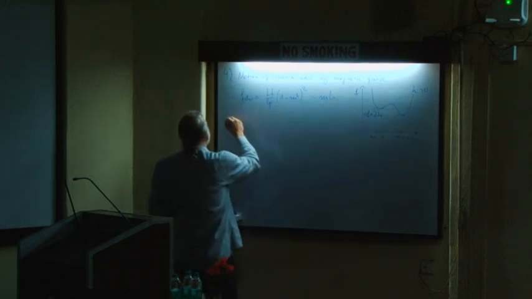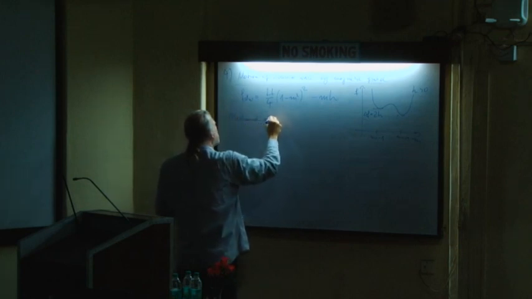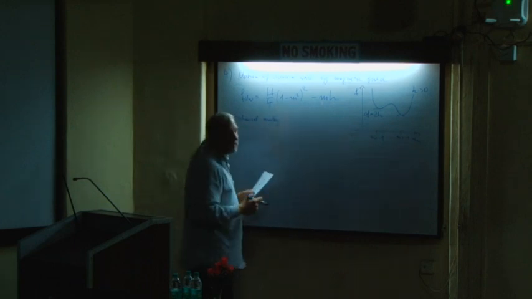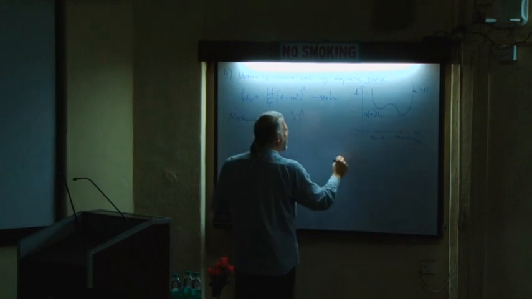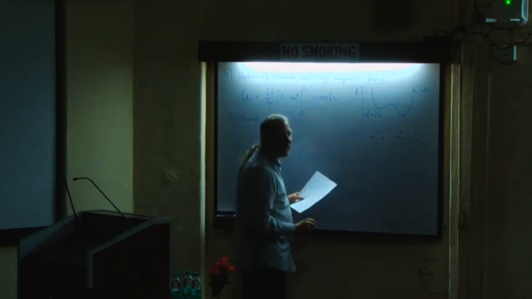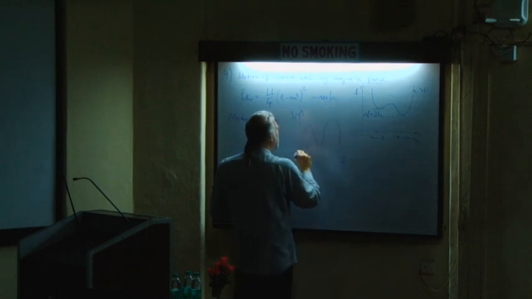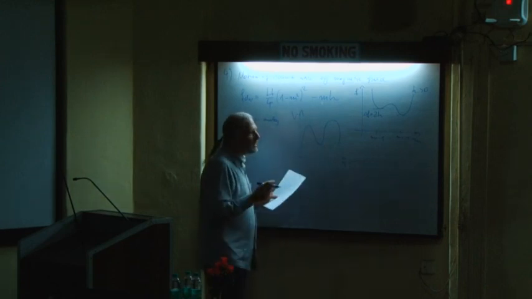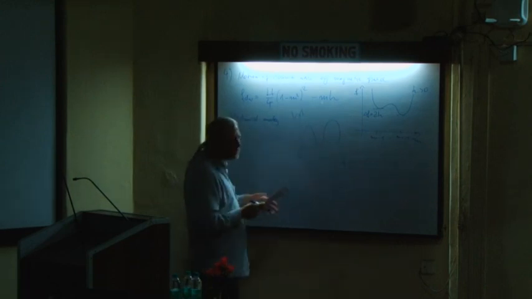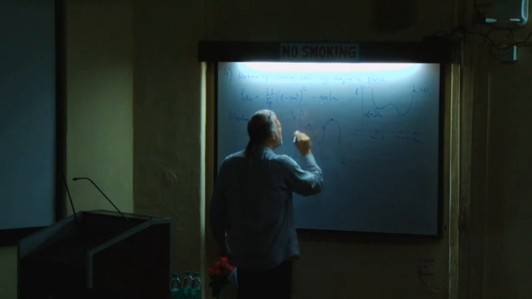So if I go back to the mechanical analog, remember here I had my potential V as a function of x, which was the negative of the double well potential. So now it looks like this. And I still would like to find an interface solution. That is, I would like to find the trajectory of a particle that goes from here, goes through the well, and comes to rest here.